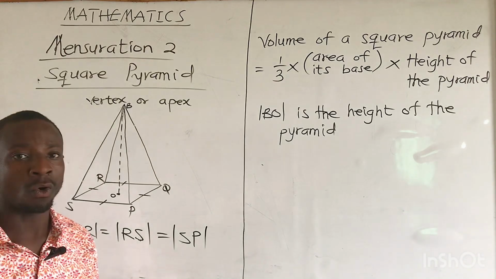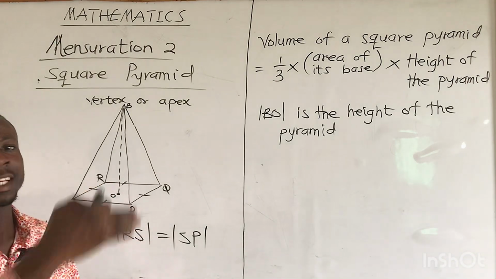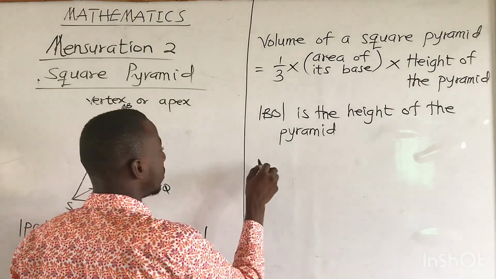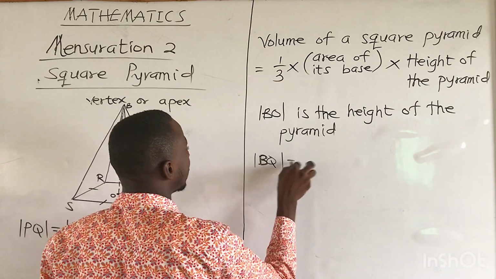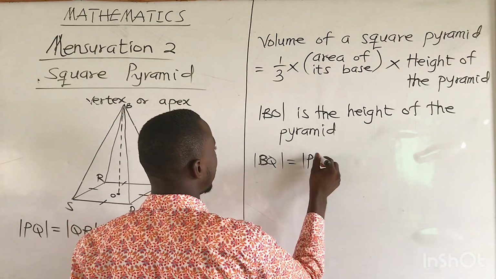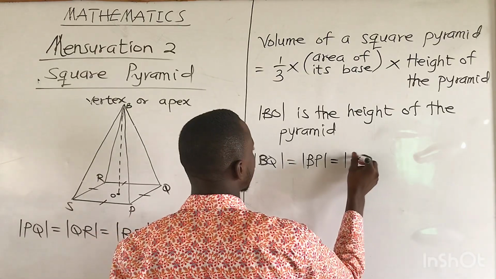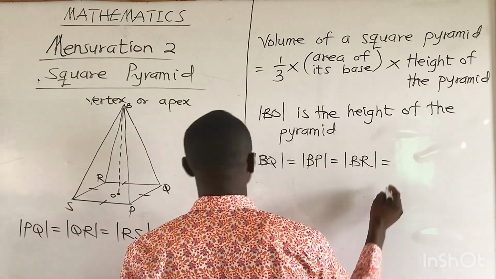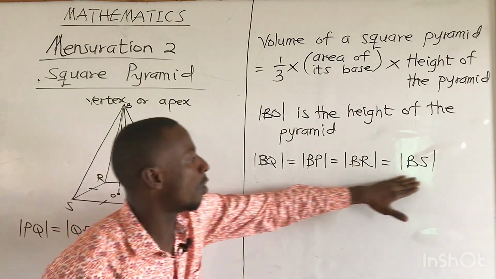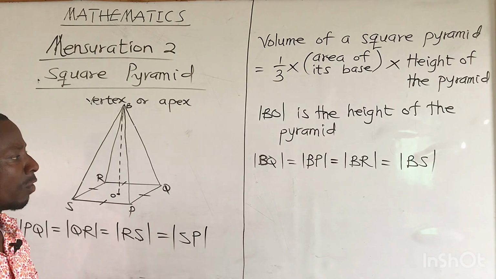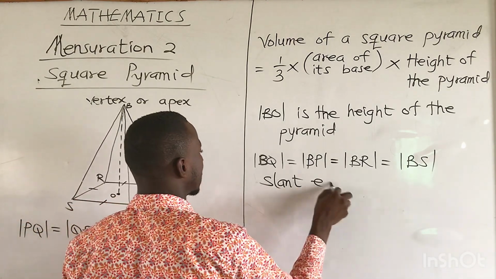They are all equal, and we call them the slant edge. The slant edge.